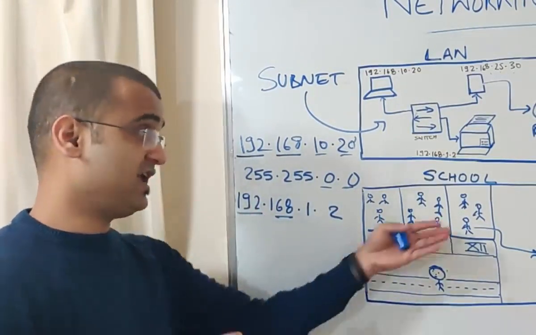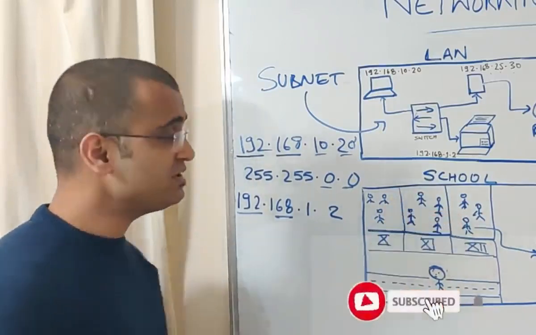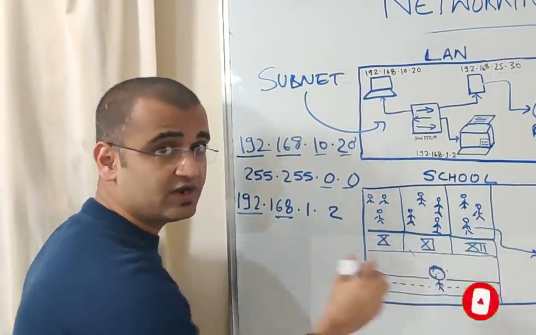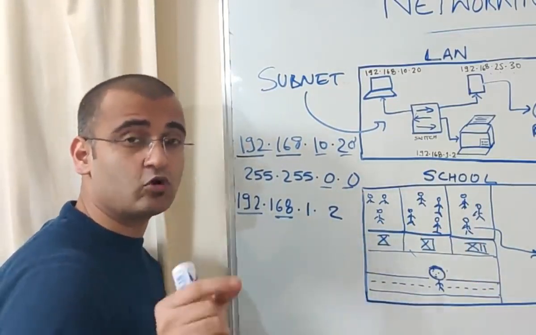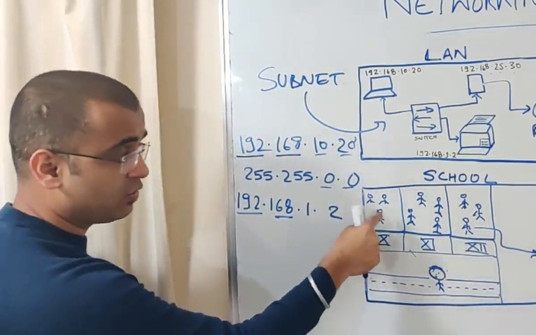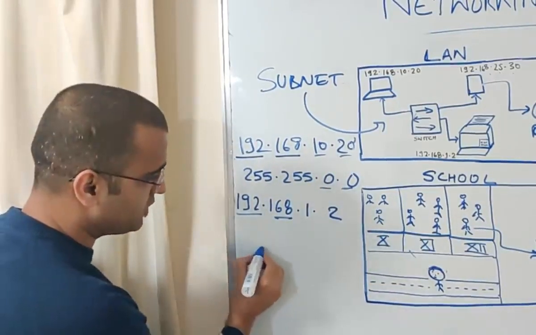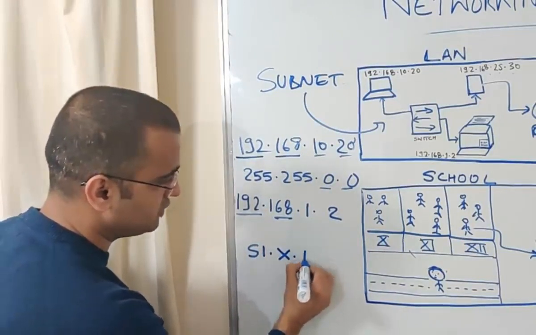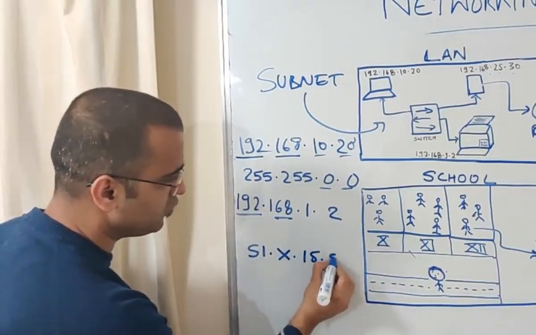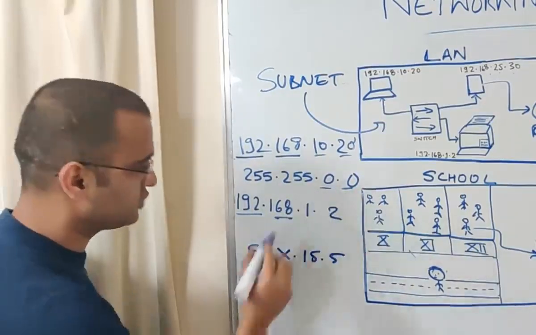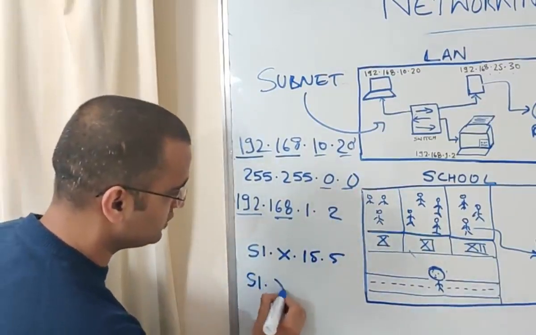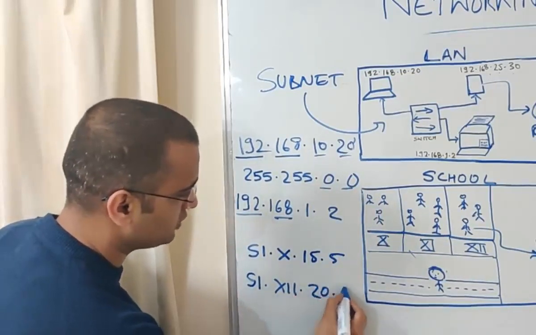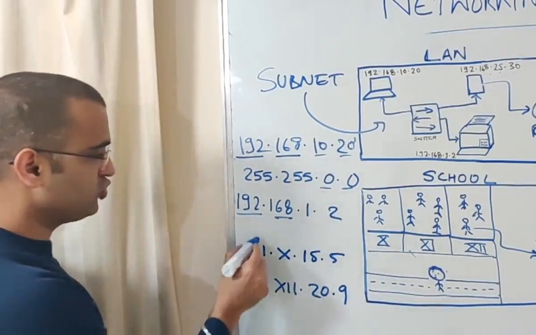And if you want to correlate with the school example, from the roll number of one student and the roll number of another student we can identify whether they belong to the same school. So a student of class 10th can have a roll number like S1.10.15.5, and the roll number of a 12th student could be S1.12.20.9.